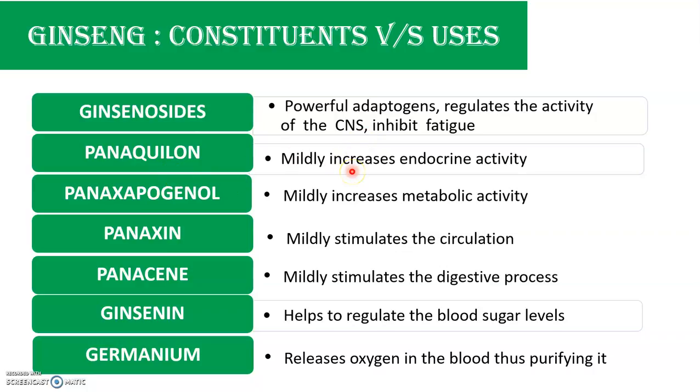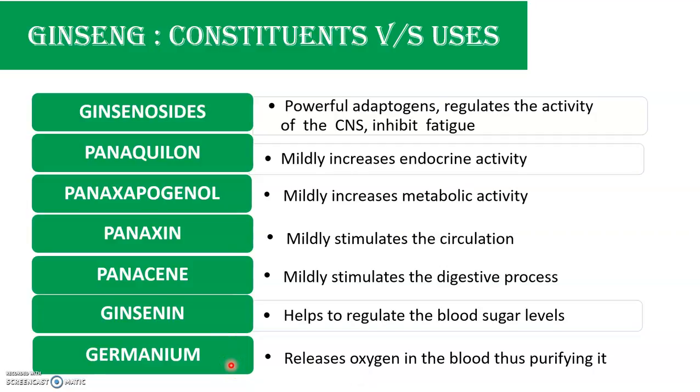Panaquilon mildly increases endocrine activity. Panaxopogenol increases metabolic activity. Panaxin stimulates the circulation. Panacin stimulates digestive process. Ginsenine regulates the blood sugar levels, and germanium releases oxygen in the blood, thus purifying it.